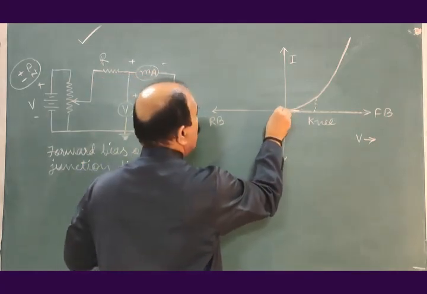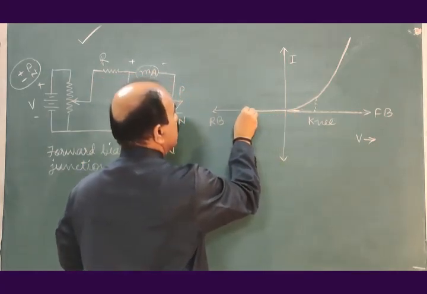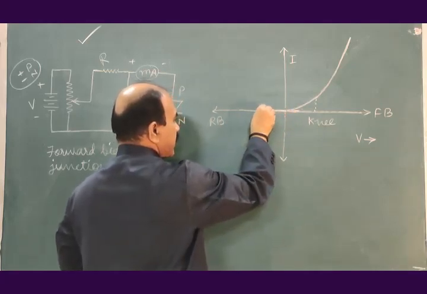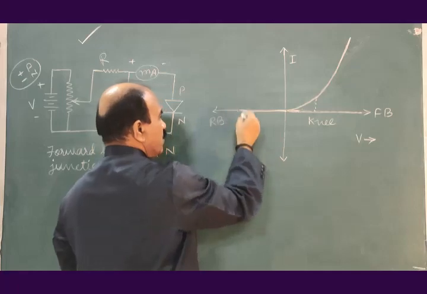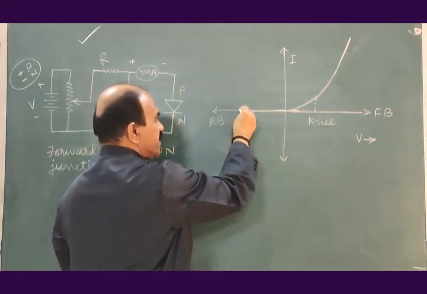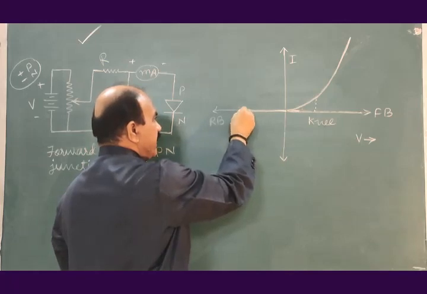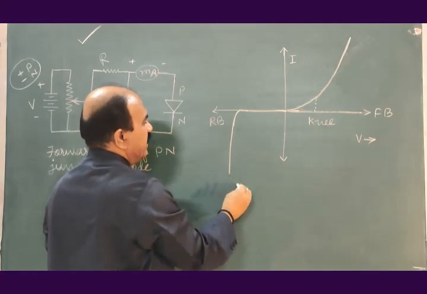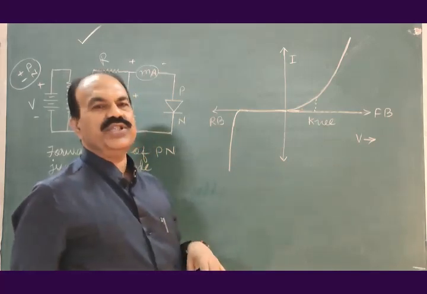There is no current. Current is zero. This is the current axis. Whenever this reverse voltage increases to the PIV, breakdown may occur and suddenly the current will flow this way.